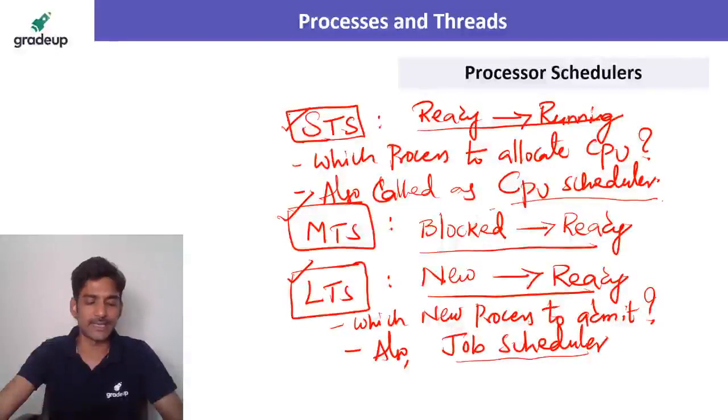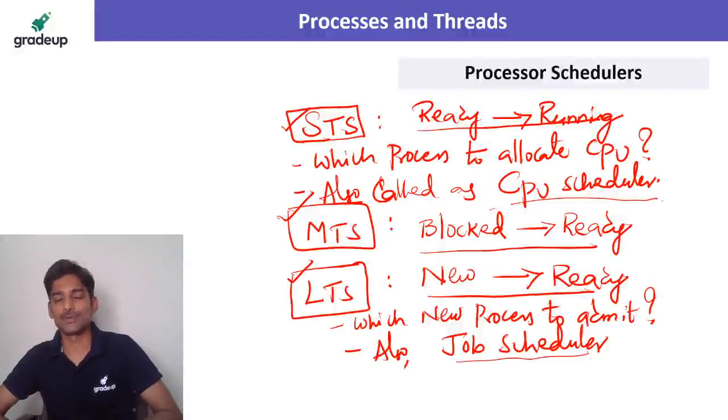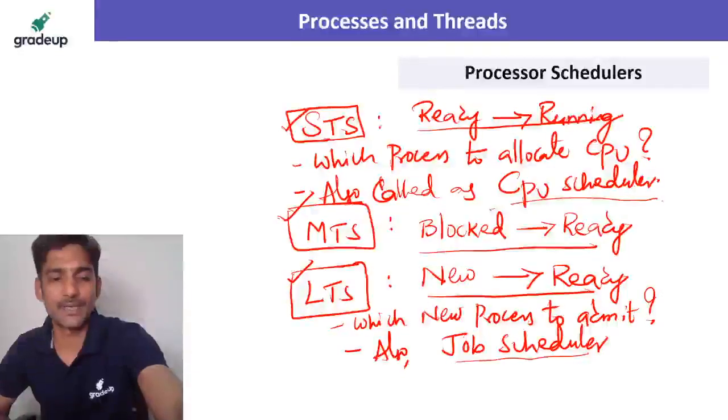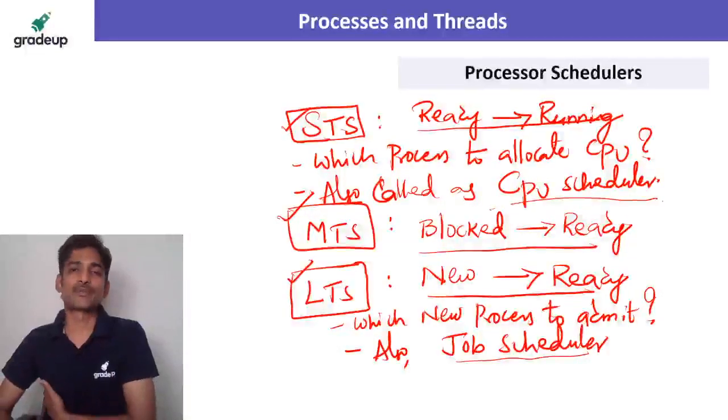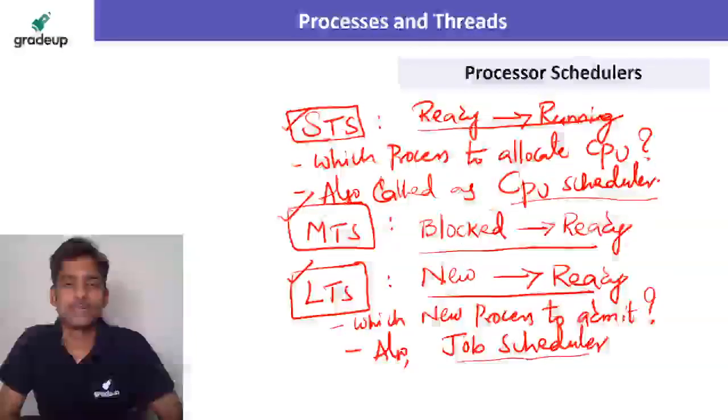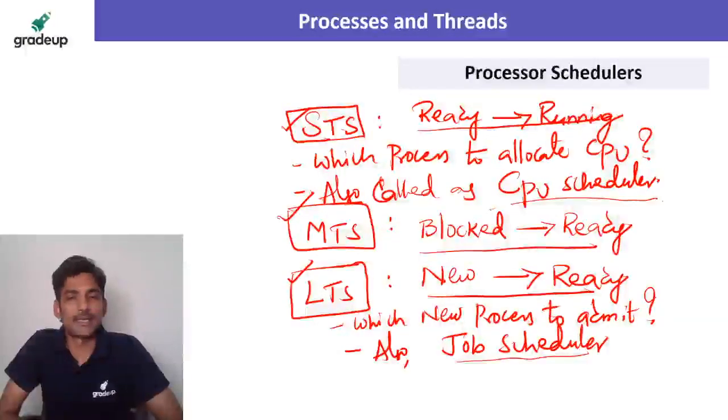That is decided by STS. Okay, guys, any doubts in this? You can ask me now, before I proceed. So which scheduler is also known as the CPU scheduler? Short-term scheduler. And which is also called the job scheduler? Long-term scheduler. Okay.